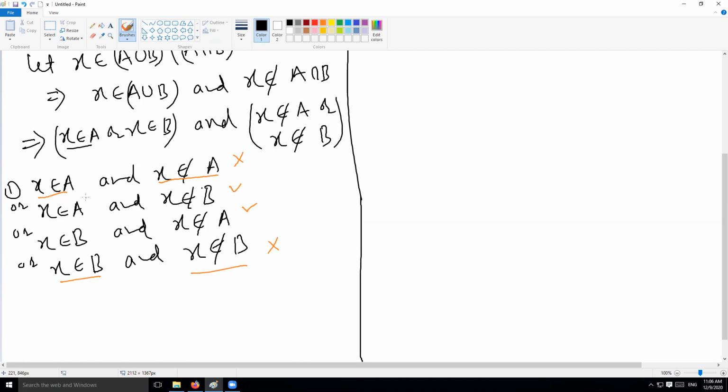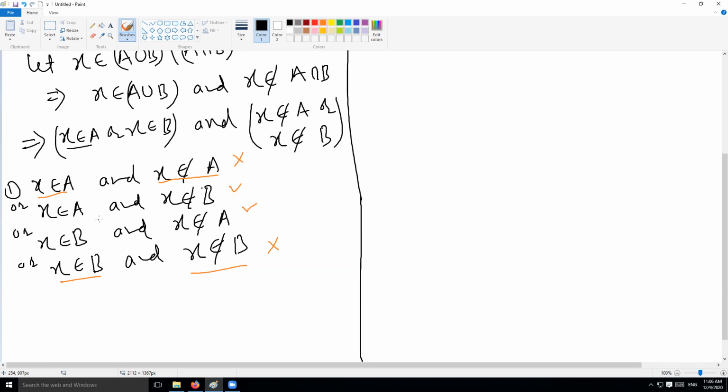It can happen that X is in A and X is not in A, or X is in A and X is not in B, and so on; all these are choices. So the first and the last are not true. The only ones that are true are these.